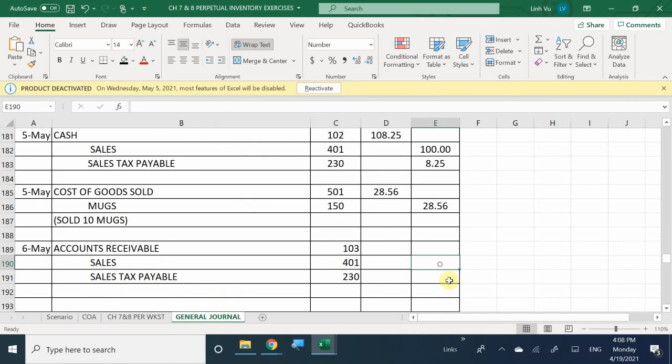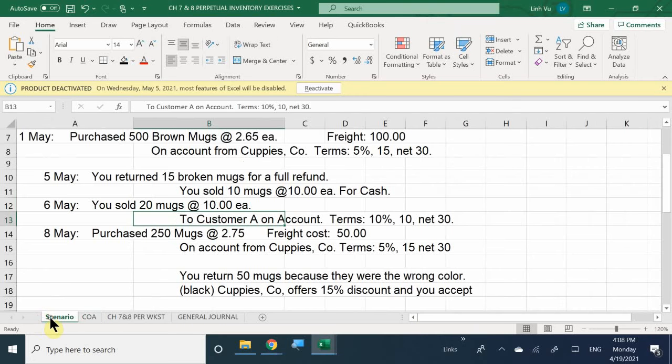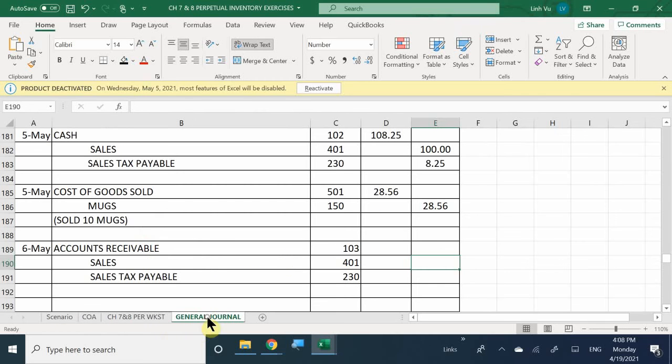So in this case, how many mugs did I sell to customer A? 20. We sold 20. At how much? What was my selling price? $10 each. So sales, once again, is going to be 20 times 10, 200.